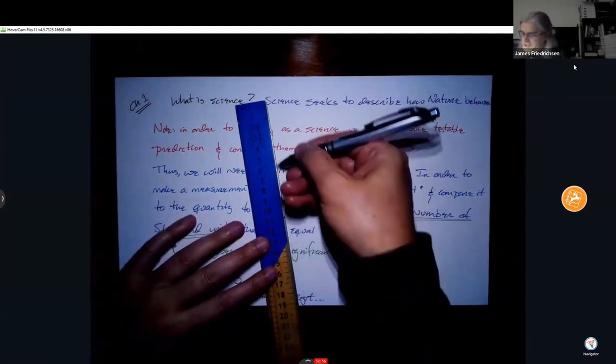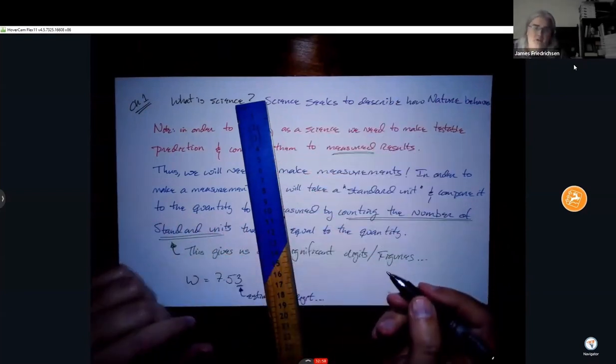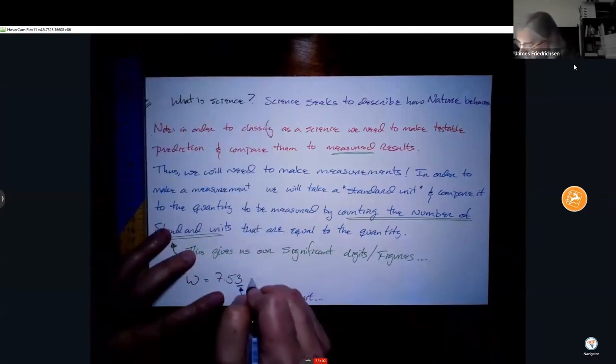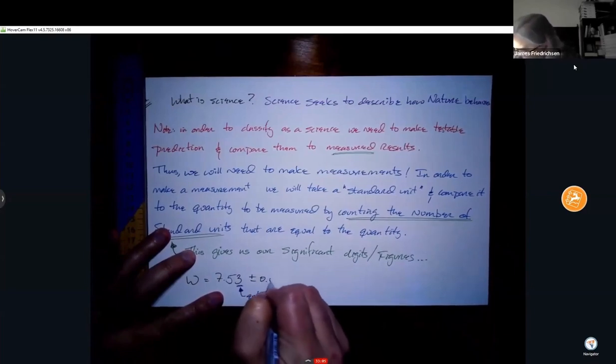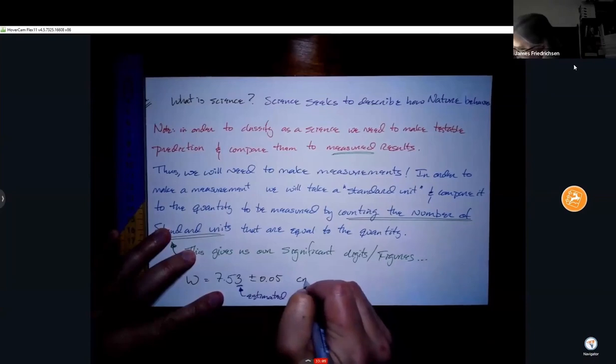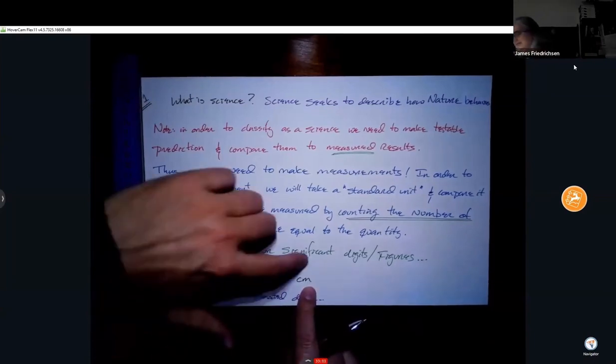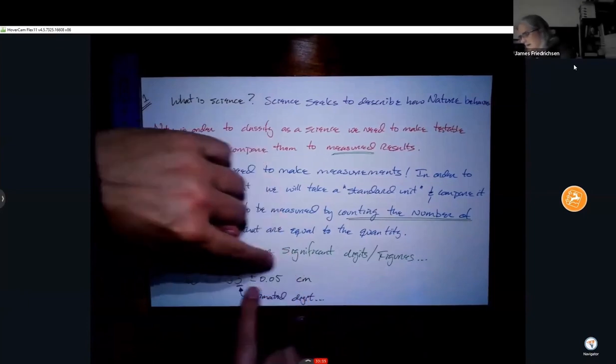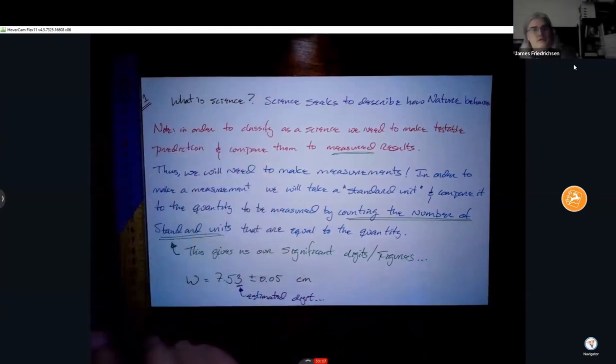The divisions on this ruler are millimeters, so we would look at something like plus or minus half a millimeter. And so plus or minus 0.05. Then we should put our units on this, which will just be centimeters. Putting it at the end implies that it applies both to the uncertainty and to the value. Okay. And so this is what we have.